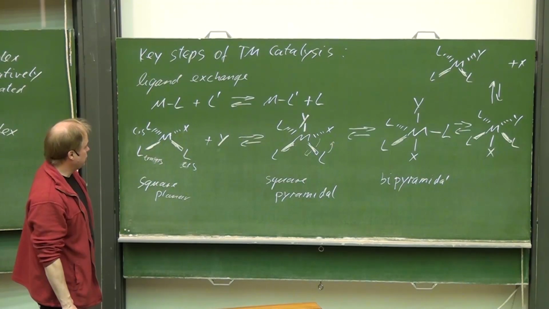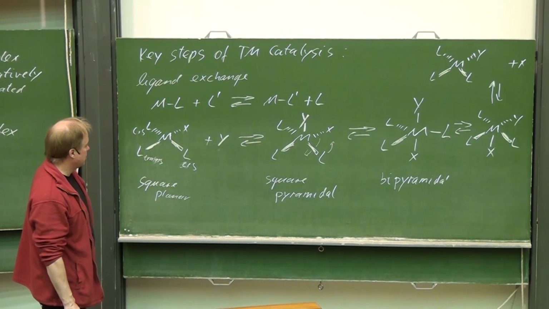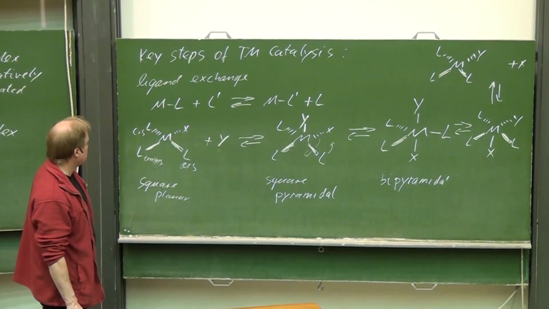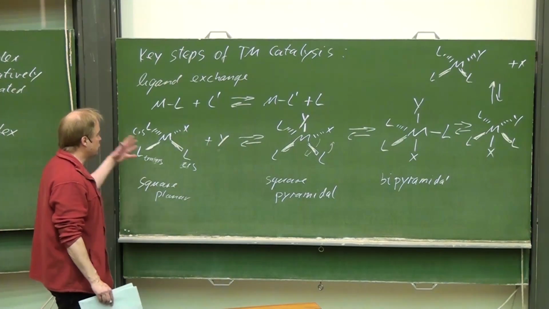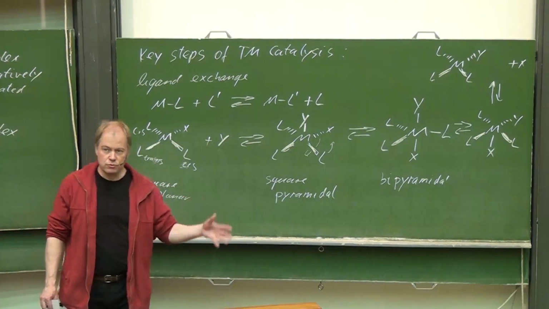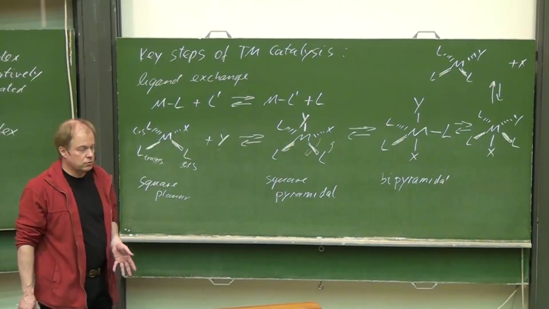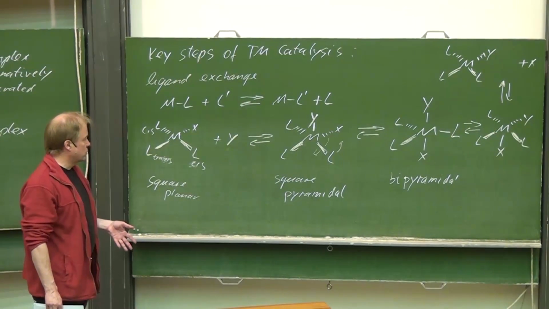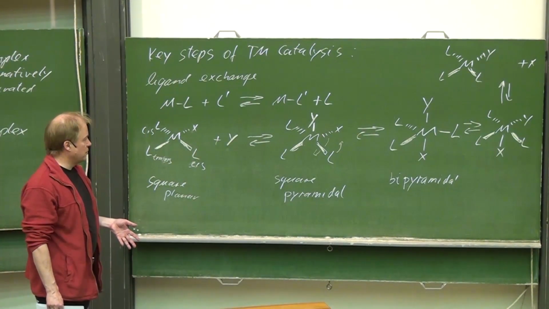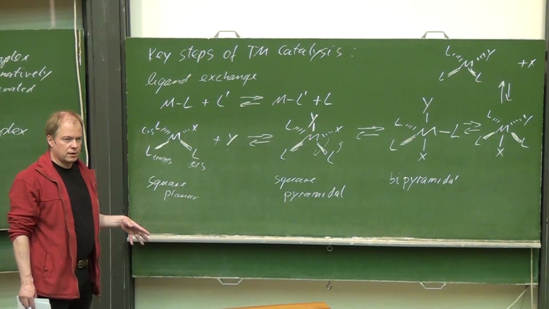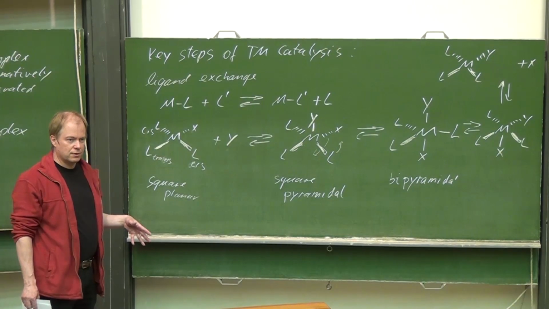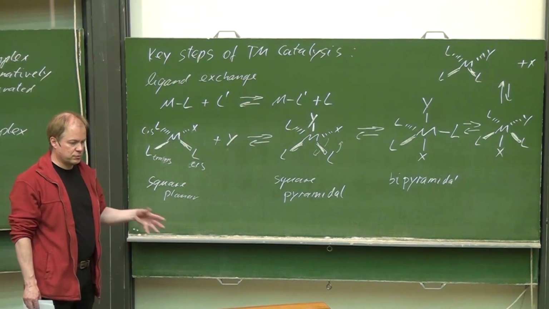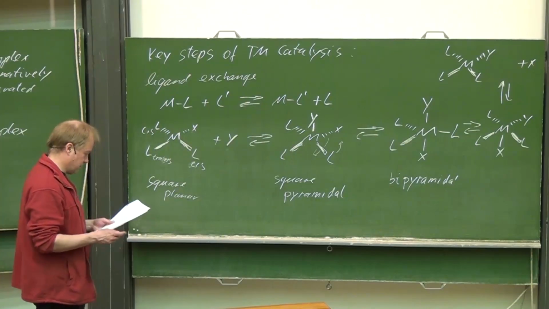So, you see that these ligand exchange reactions, some kind of substitution reactions, could proceed much more complicated as compared to what we are used to in chemistry of substitution at carbon centers.